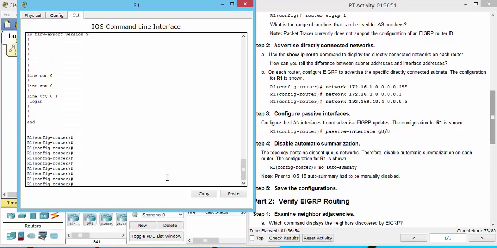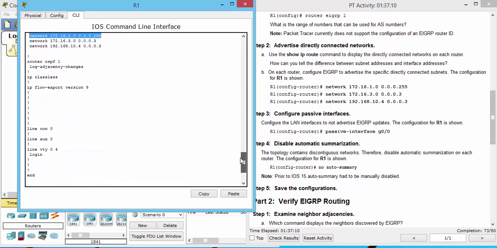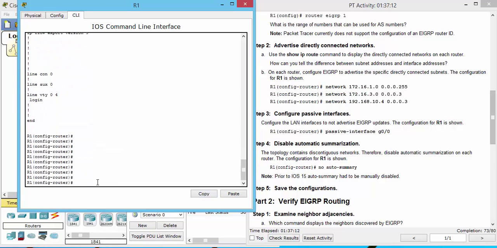For the network, this is the one that we need to correct. Copy. So we're going to say no network, paste: no network 172.16.2.0.